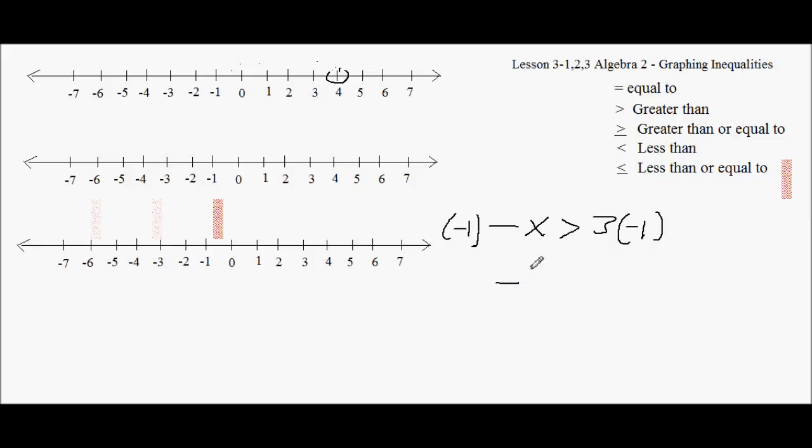Or you could consider it as -1x is greater than 3. And since this is a multiply, the way you get rid of a multiply is you divide. But you get the same result. This negative times a negative is a positive, and this 3 times a negative is -3. But what happens with an inequality is when you multiply by a negative or divide by a negative, you have inverted the inequality because you just negated it. So you have to flip the inequality. This is a very important rule here.